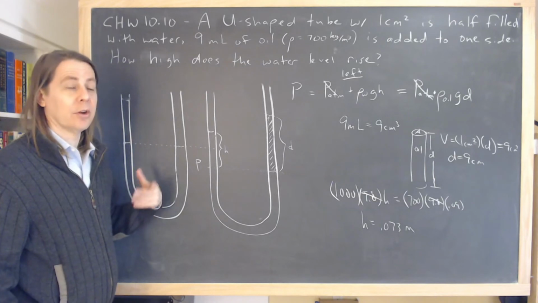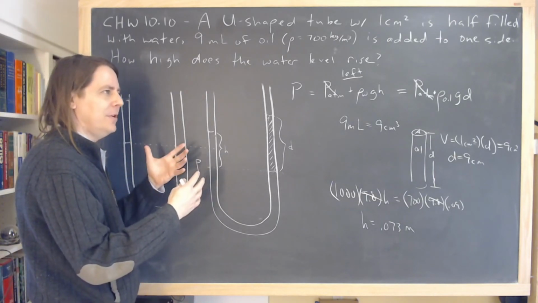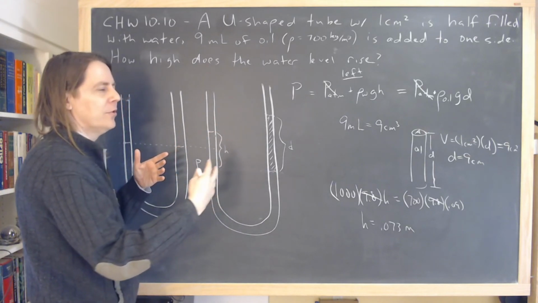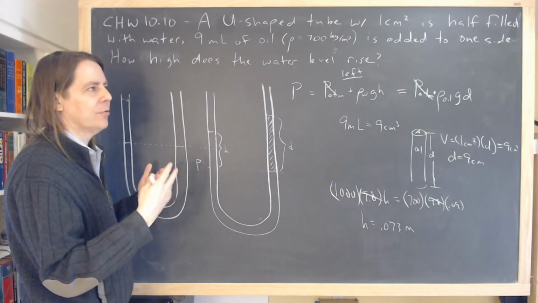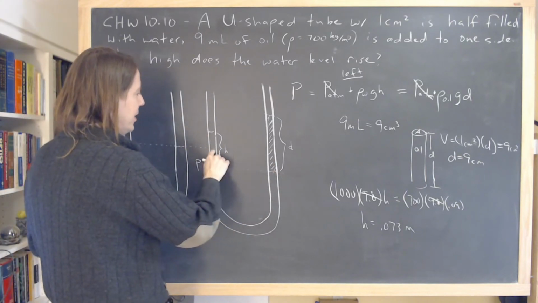Because of the continuity equation, which we usually use for flow rates, A times V equals A times V, you can also just use it in statics for a volume. The volume equals the volume. Whatever volume gets pushed down has to get pushed up.